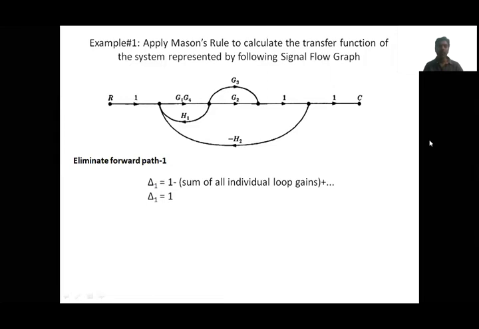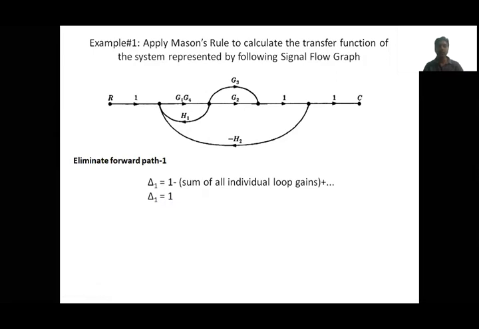Similarly, we have to find delta 1. Delta 1 is nothing but the same formula, but here the individual loops or non-touching loops, any loops, should not touch the first forward path. Simply eliminate the first forward path. If you eliminate the first forward path, do any loops exist? No loops exist, because the first forward path is R to C, a straight line. If we remove the straight line, where are the loops?